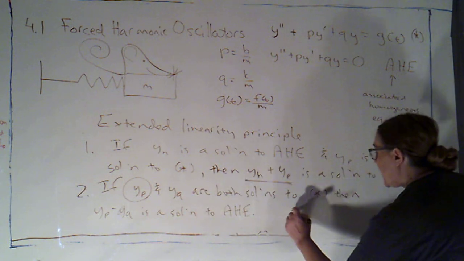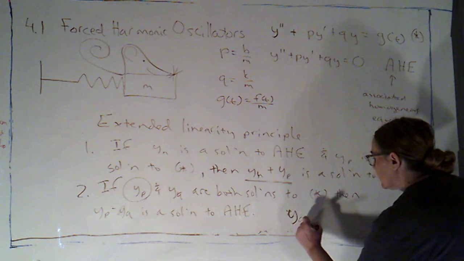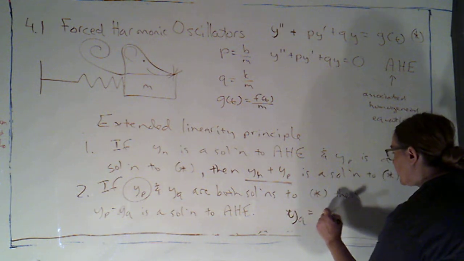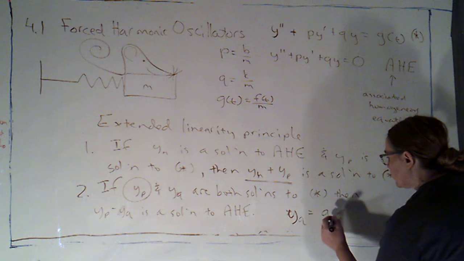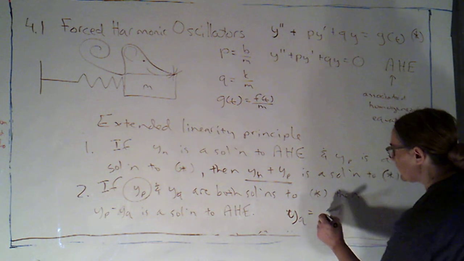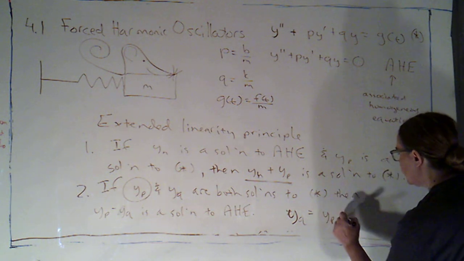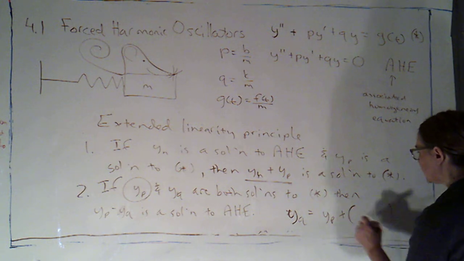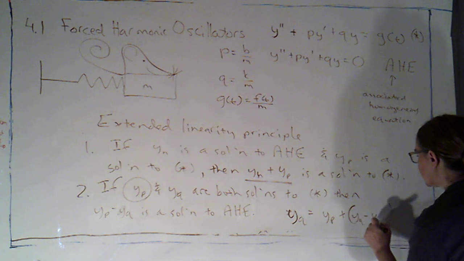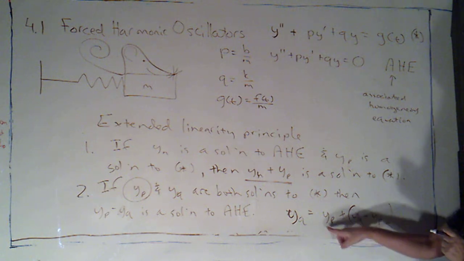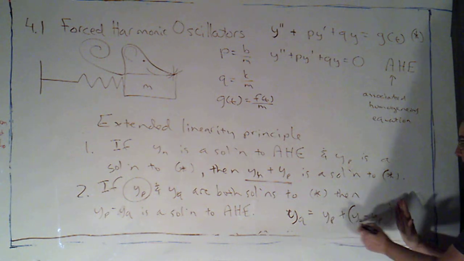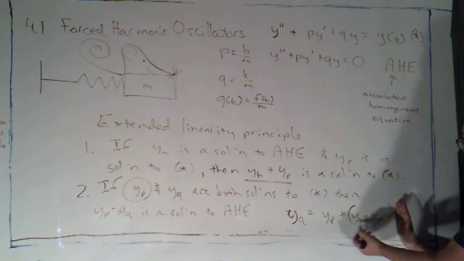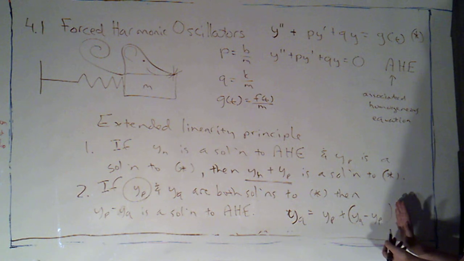Then I say, well, y q is the same as y p plus y q minus y p. Okay, that's my solution, and this is going to be a solution to the associated homogeneous equation.